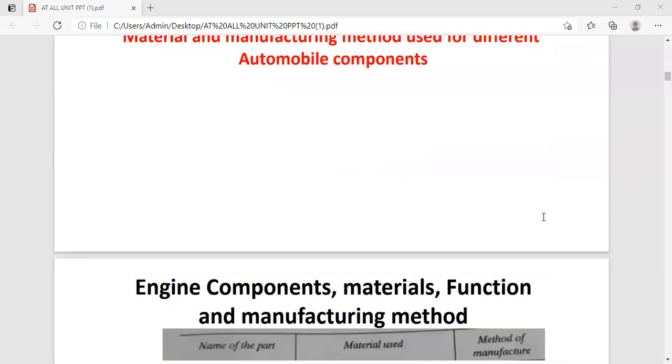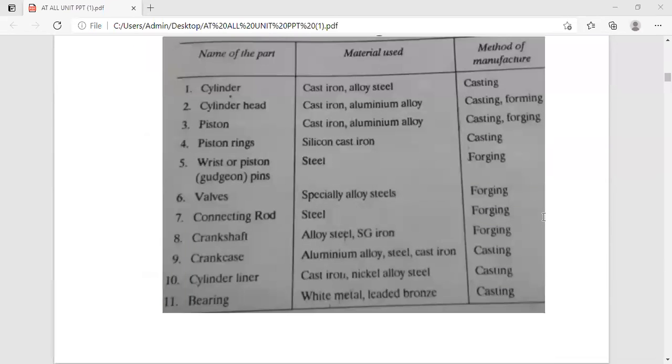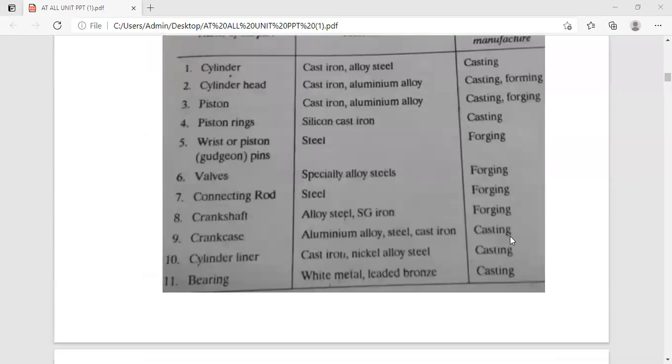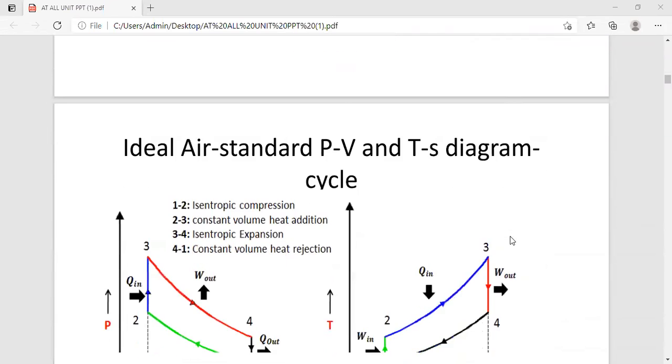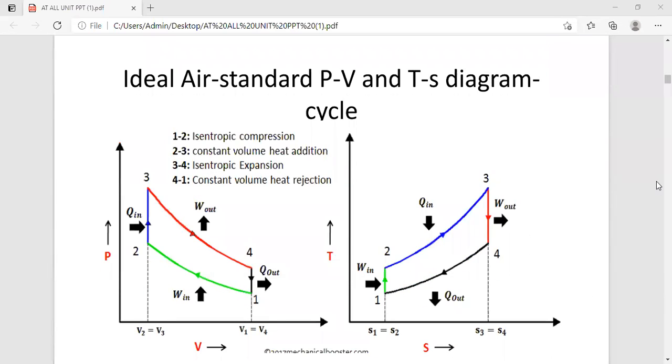In next point we have discussed the different materials, its function, which kind of material we are using, and the methods of manufacturing of that material. Next point we have discussed the air standard cycle on PV and TS plotting. So have you any difficulty regarding this?